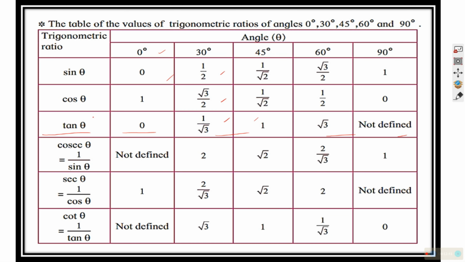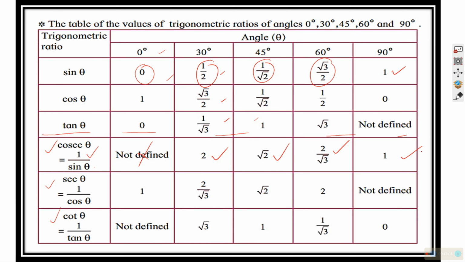Now you learned a new ratio, which is named as cosec, sec and cot theta, which we know is 1 upon sin theta. That means we will put the inverse of sin theta. Inverse of 0 is not applicable. But inverse of 1 upon 2 is 2. Inverse of 1 upon root 2 is root 2. Or inverse of root 3 upon 2 is 2 upon root 3.